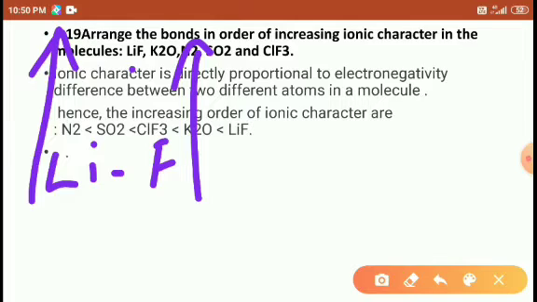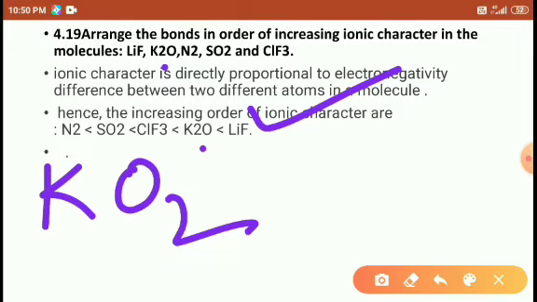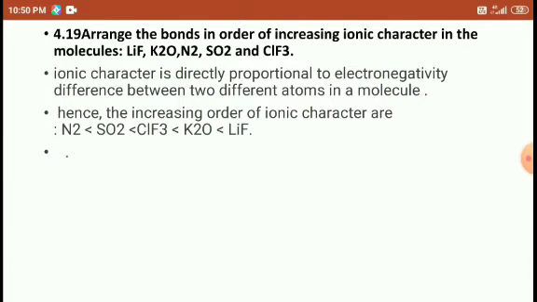Both are opposite, so they show high ionic character. Second one, potassium oxide. Potassium is a metal, oxygen is a non-metal. Potassium is the second most electropositive element, oxygen is the second most electronegative element, so they show the second highest ionic character.